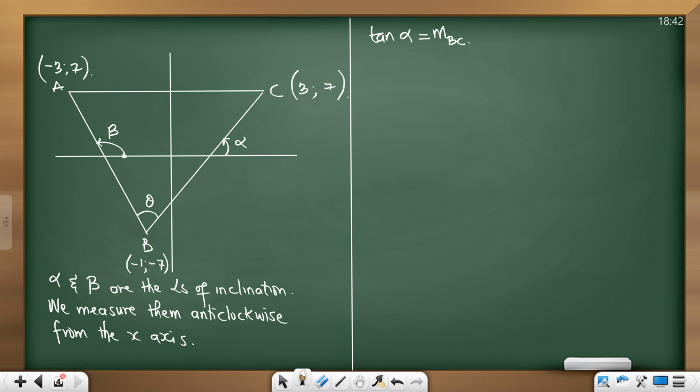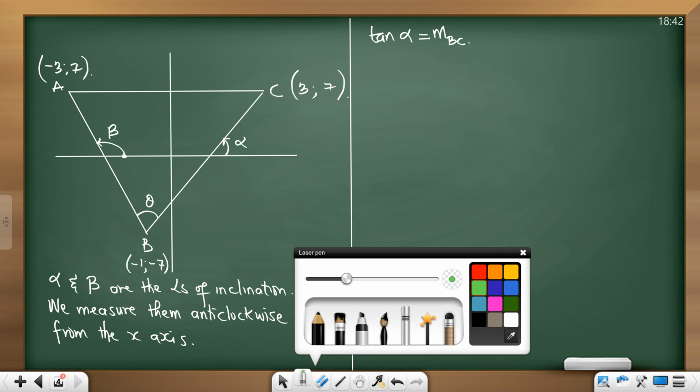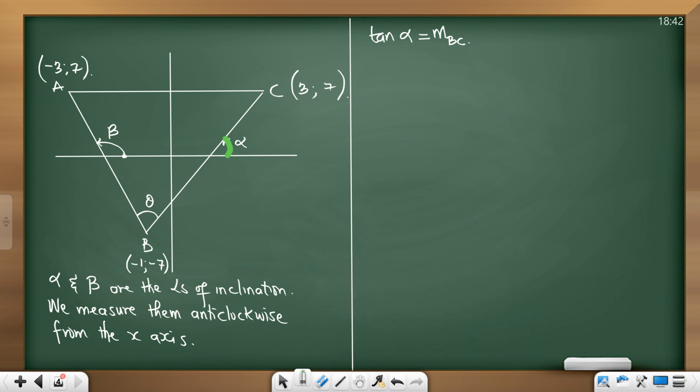Look at alpha. Which line is it in contact with? So we said angle of inclination is measured from the x to the line anti-clockwise. So BC. I have 7/2, and that's the answer I'm getting as well.